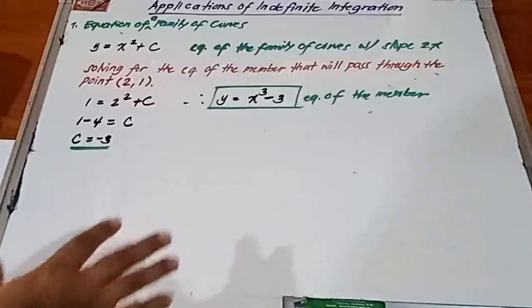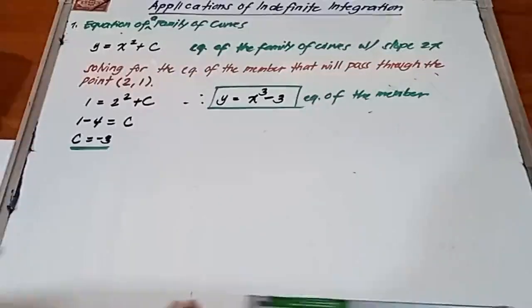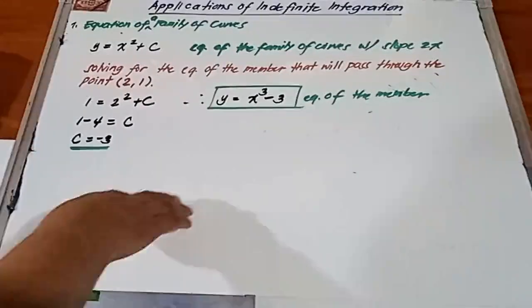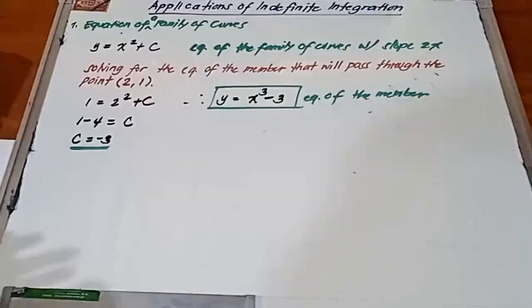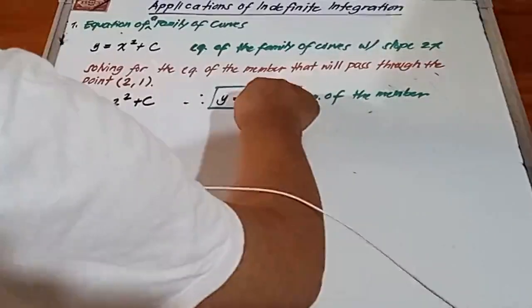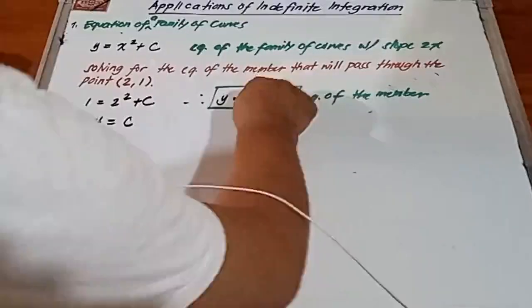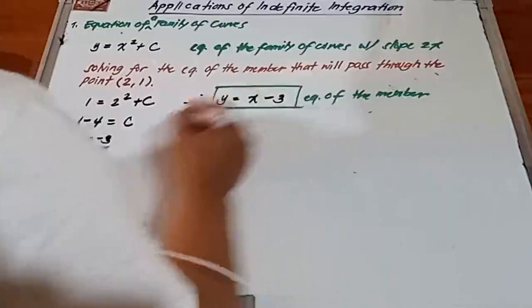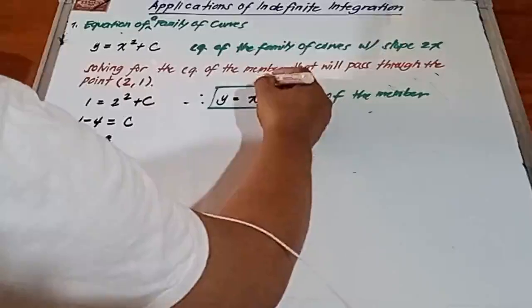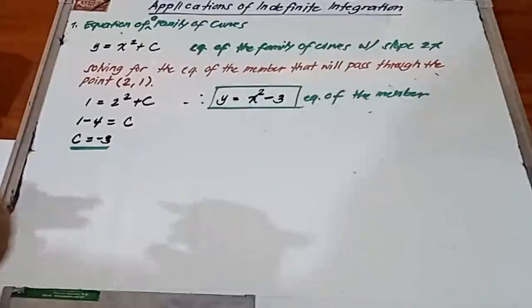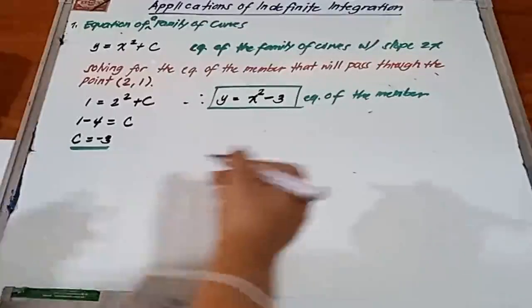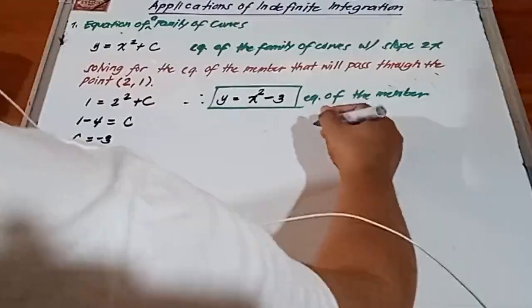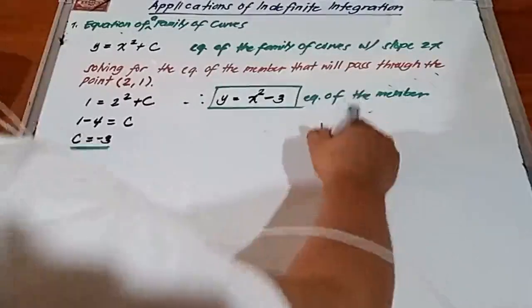yung equation of a family of curves, lagay ko yung graph nito sa xy plane. Ay, sorry. It's my mistake. Should be x squared. Okay. Yan. Okay. So, ito, yung xy plane natin.